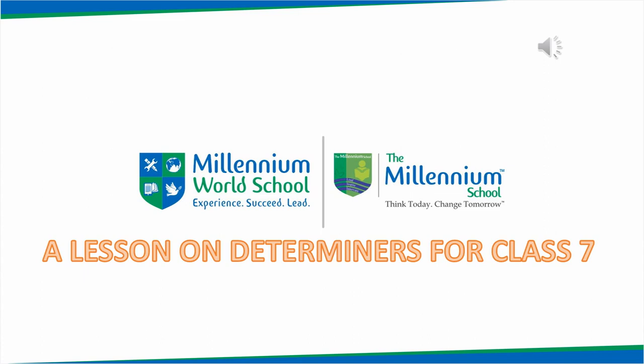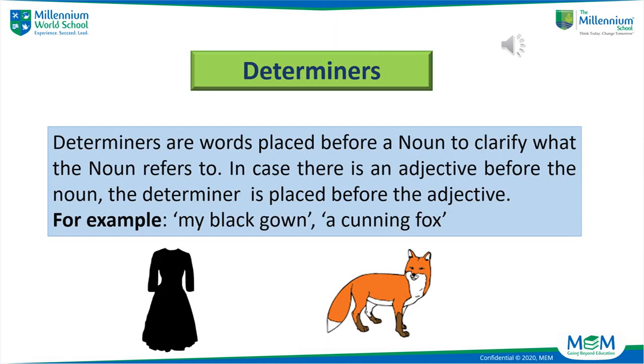One reason is her use of correct determiners to give emphasis to what she is relating. Determiners are words placed before a noun to clarify what the noun refers to.